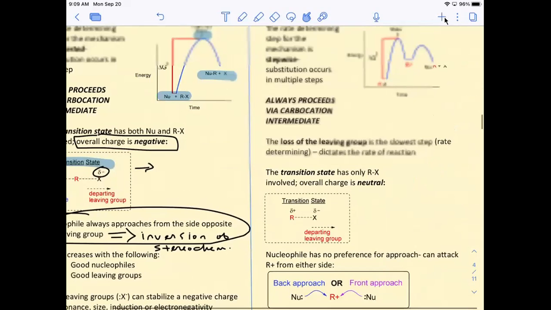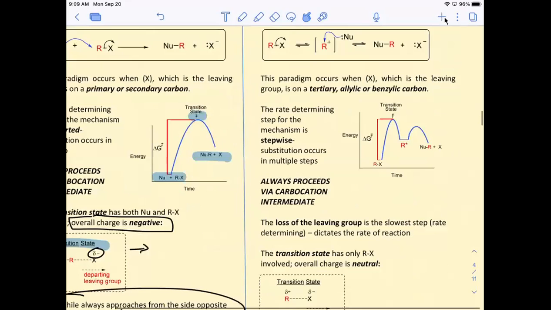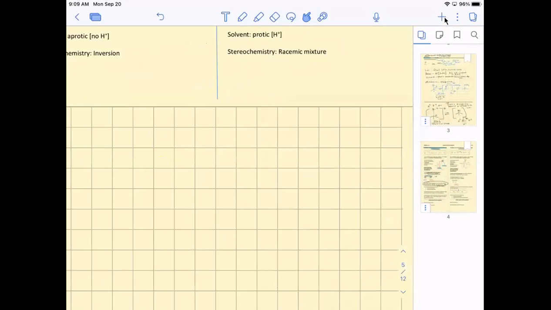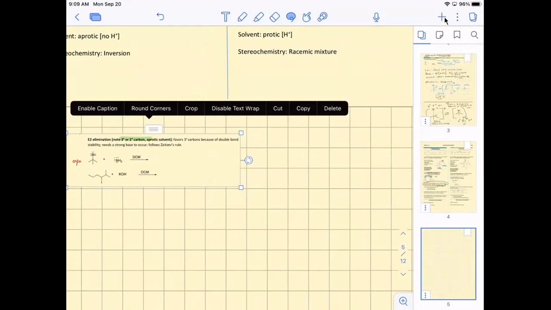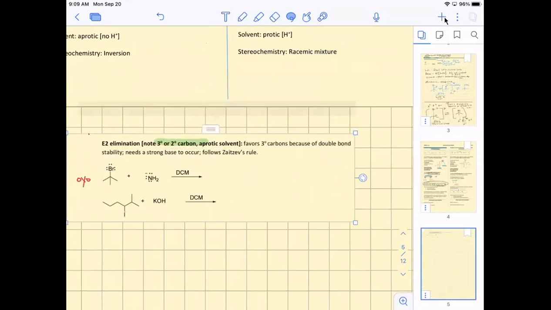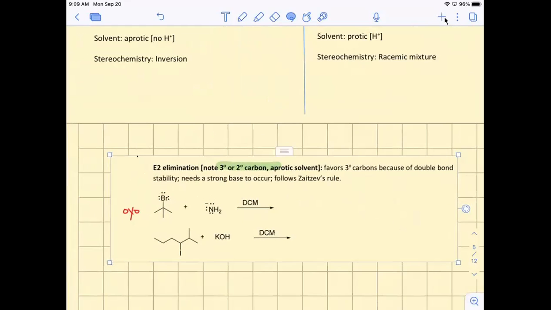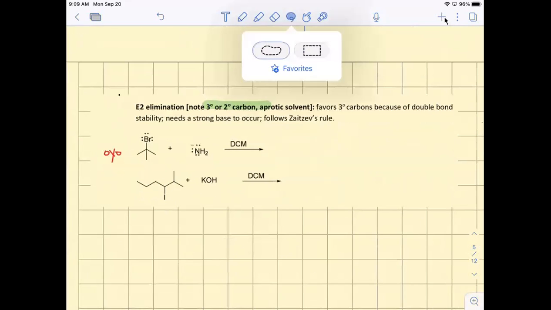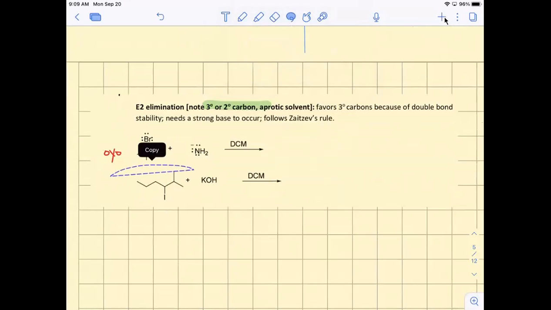Page. So we're going to take this. Right here.